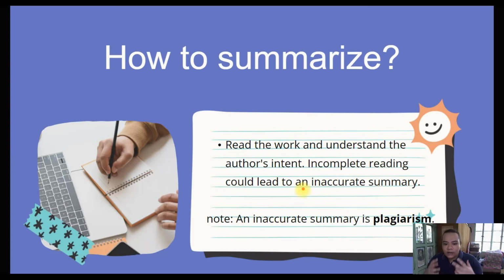When you read the work at least twice, the first time you read it to get an idea of what the text is about. And the next readings, the second, the third, the fifth, however many you need to understand it well enough, that's the time you take down notes, that's the time you highlight important terms or important ideas.